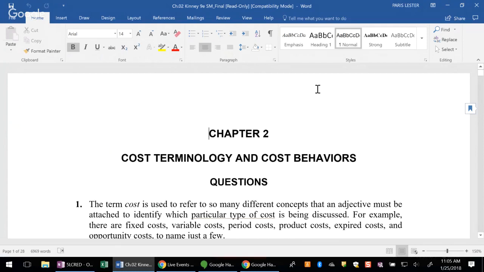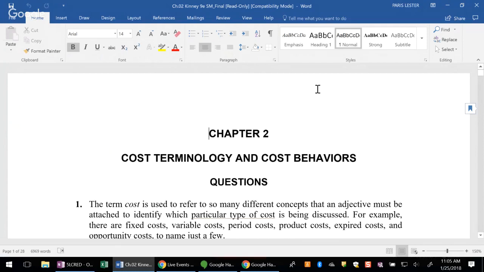Look at number 23 in your text on page 50. That was not assigned today, but there's a couple that we need to look at that were not assigned.